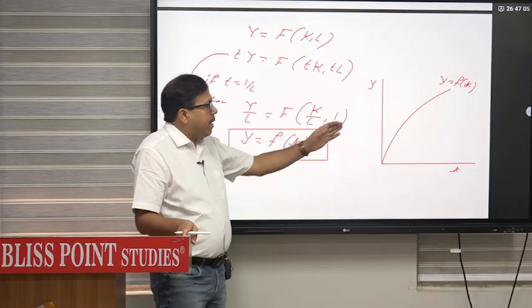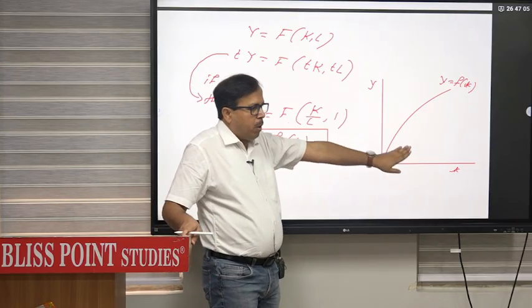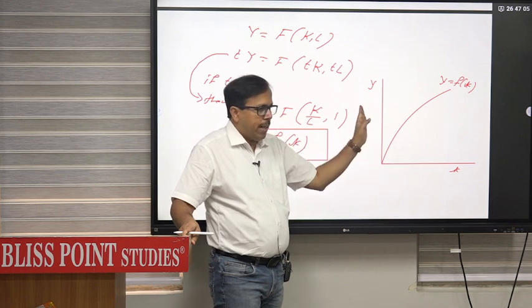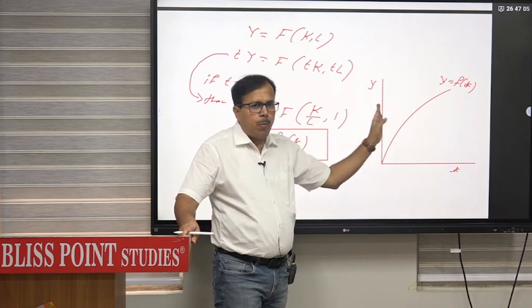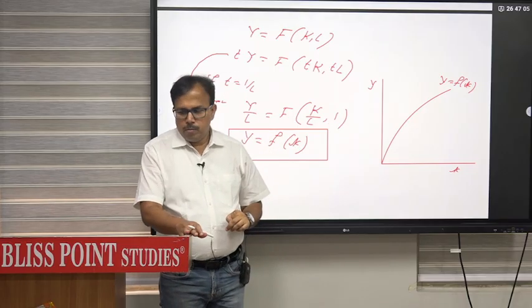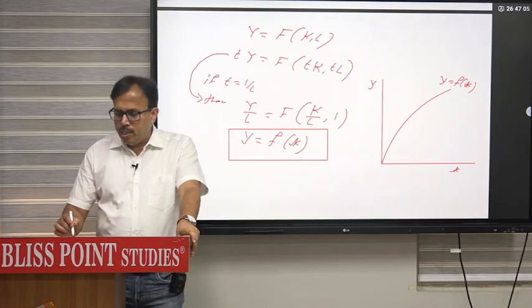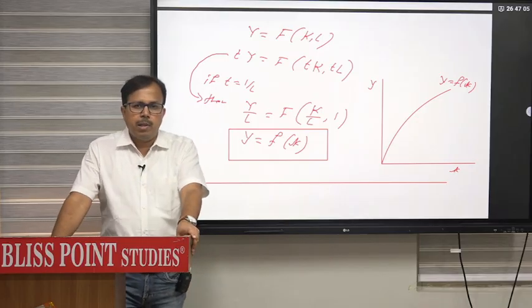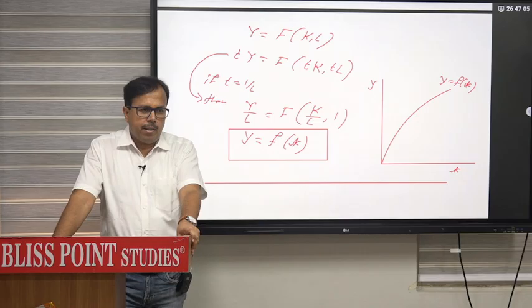That means the output depends upon how much capital there is. If capital is 100, then output is 10. If capital is 200, then output will be under root 200. So this is one side of the model, referred to as the supply side. ये हमारा supply side है. How much will be supplied?